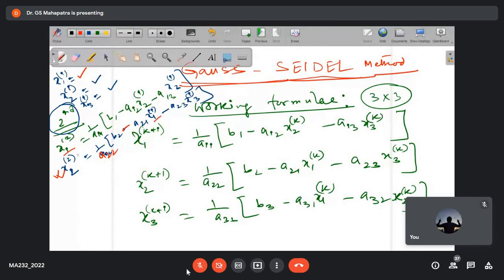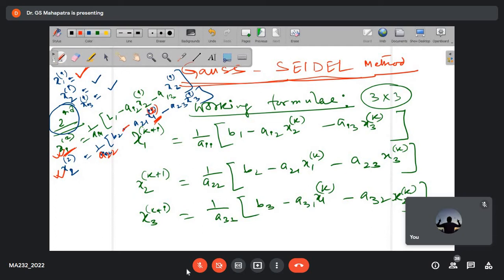Now we are not using the old one; we use the new updated x1 value, so instead of 1 we will write 2.